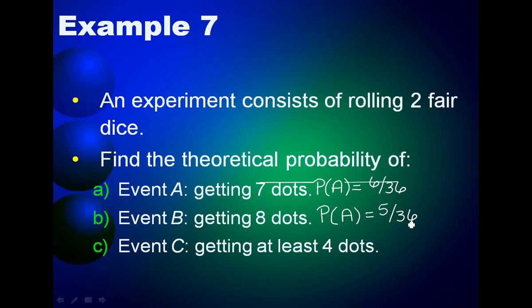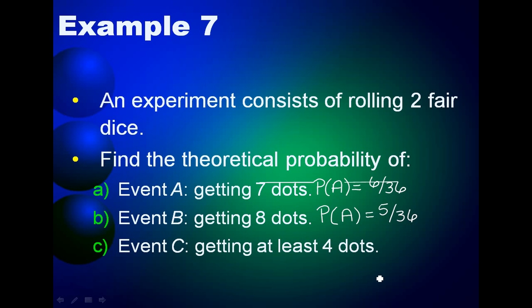So getting at least 4 dots. At least 4 dots means 4 dots, 5 dots, 6 dots, 7 dots, 8 dots, all the way up to 12 dots. An easier way may be to count how many ways do you get 1, 2, or 3 dots, and then subtract it from the 36. That would be quicker. There's no way to get 1 dot. To get 2, there's only 1 way, a 1, 1. To get 3, there are 2 ways: 1 and 2 or 2 and 1.